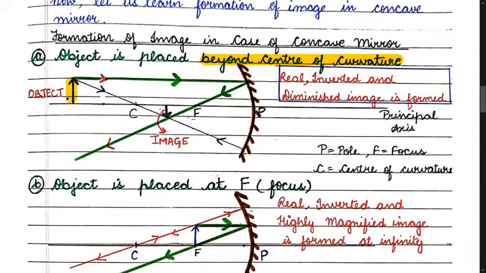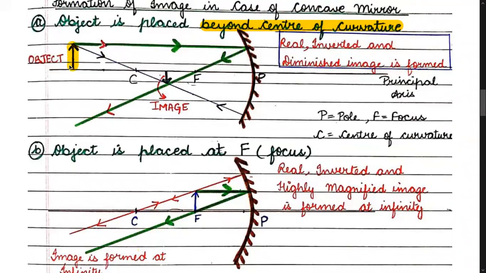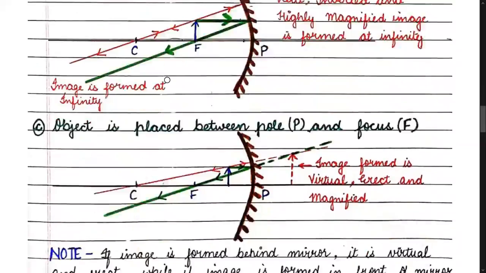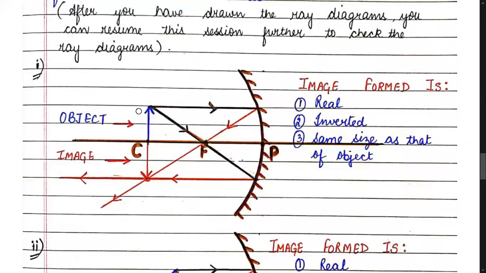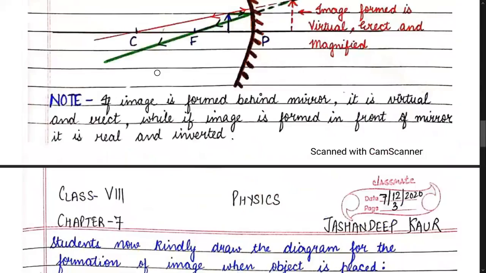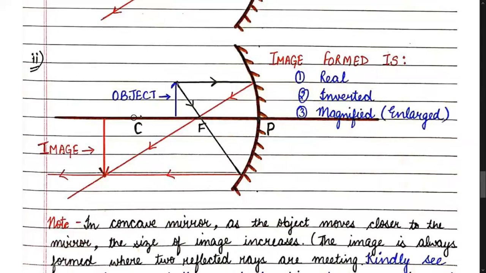See, in the first case, when the object was beyond center of curvature, the image formed was smaller, diminished. When the object is placed at center of curvature, the size of the image is the same as that of the object. Then if the object is between center and focus, the object is coming closer, and now the image is enlarged.